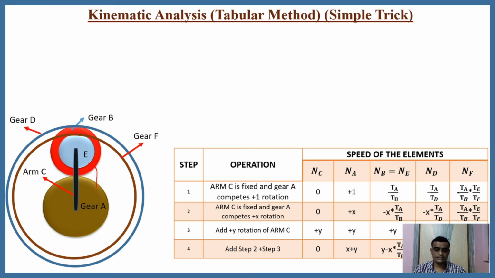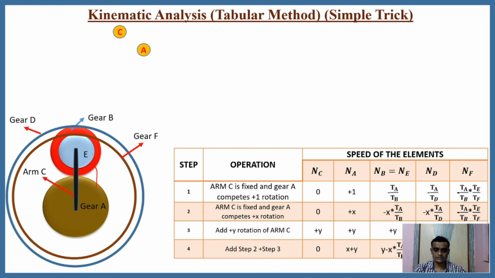We already studied the compound gear train, that gear E and gear B are compound gears. This is called the compound epicyclic gear train. From A motion is given to B, B and E are the compound gears. Again from B motion is given to D, and from E motion is given to F.